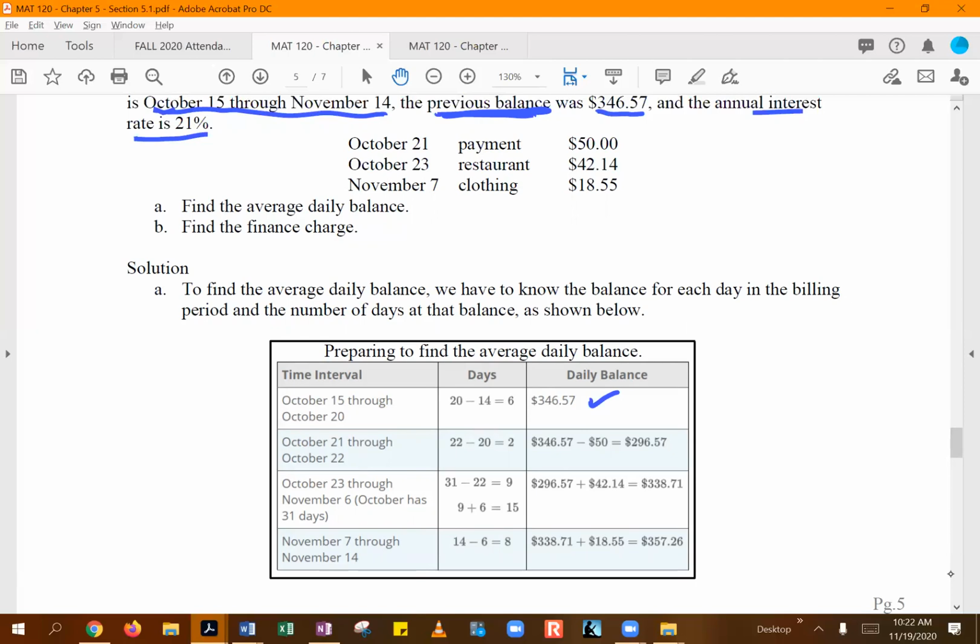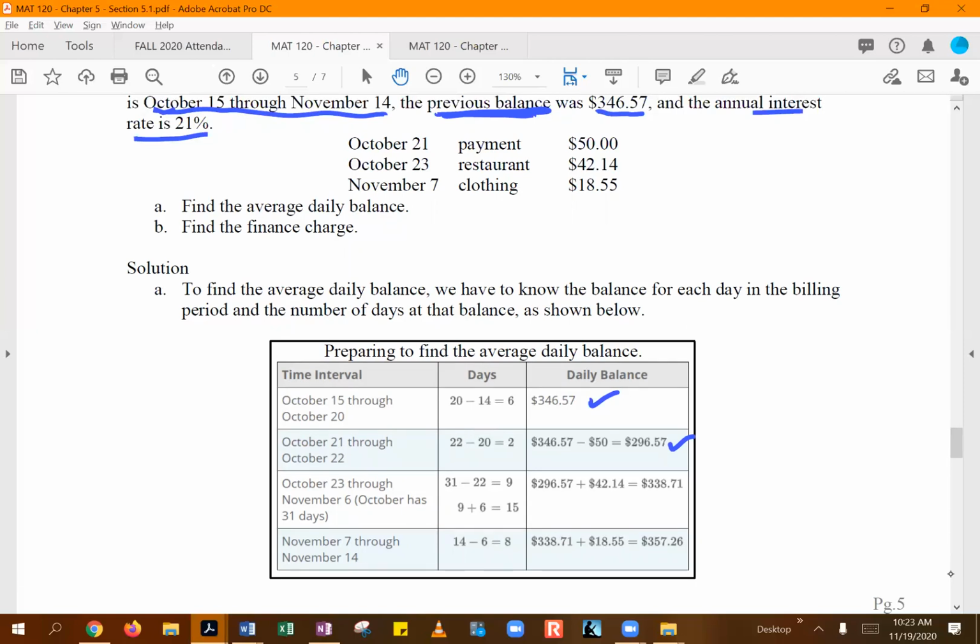On the 21st, a payment of $50 happened, which means you paid $50 to the credit card. From the 21st to the 22nd, that's 2 days, our balance dropped from $346.57 to $296.57, because we subtract the $50 payment.